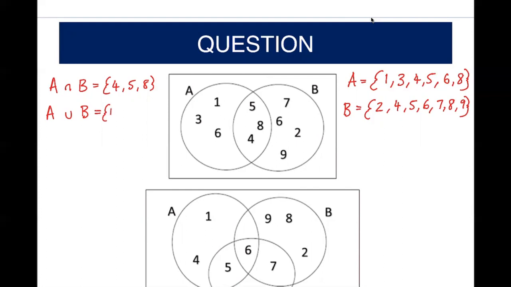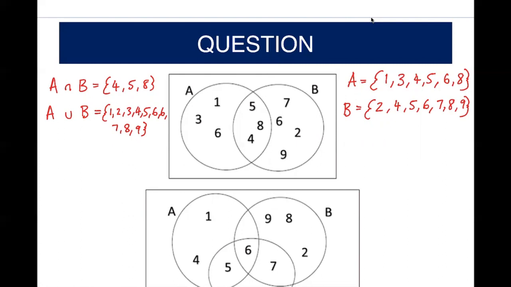Is 1, 2, 3, 4, 5, 6. Now there are 2 6s, so we only write 6 once. Let's go on to the next line. 7, 8, and 9. Let's just double check. 3, 6, 9, 10 numbers all together. Good. Close brackets. So set A, set B, A intersection B, and A union B.